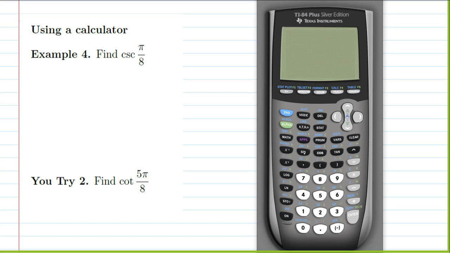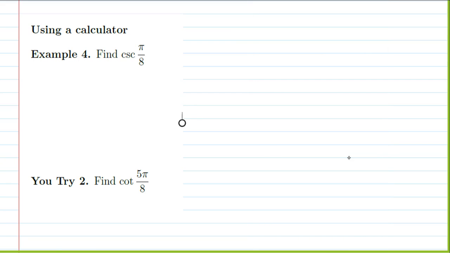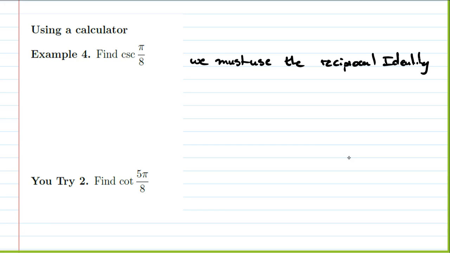On our calculator, we have sine, we have cosine, and we have tangent. So we must use the reciprocal identities. So the cosecant of pi over 8 is the same as 1 over the sine of pi over 8.